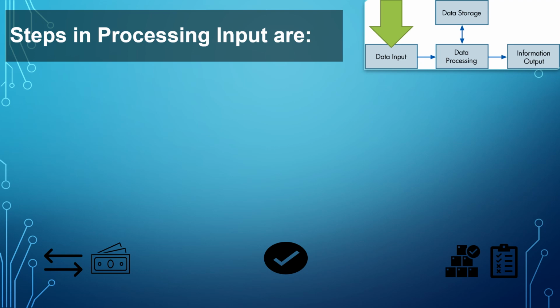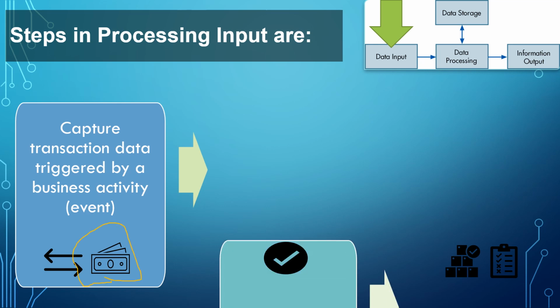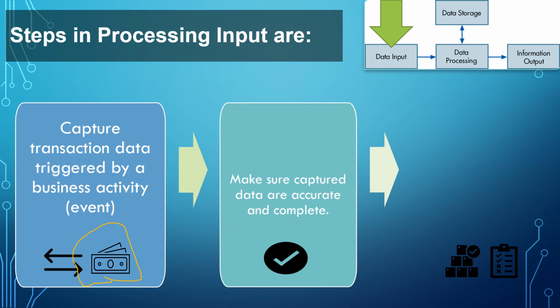The steps in processing the input are 3. The first one, capturing the transaction data triggered by the business activities event. And as we mentioned, when we define the business activity event, it should be measured in dollars. Then we also need to make sure that this captured data is accurate and complete.